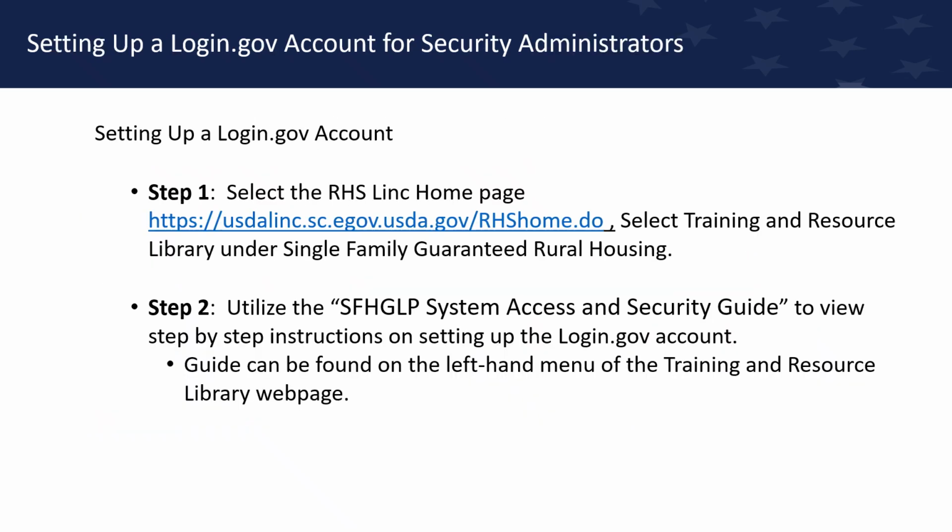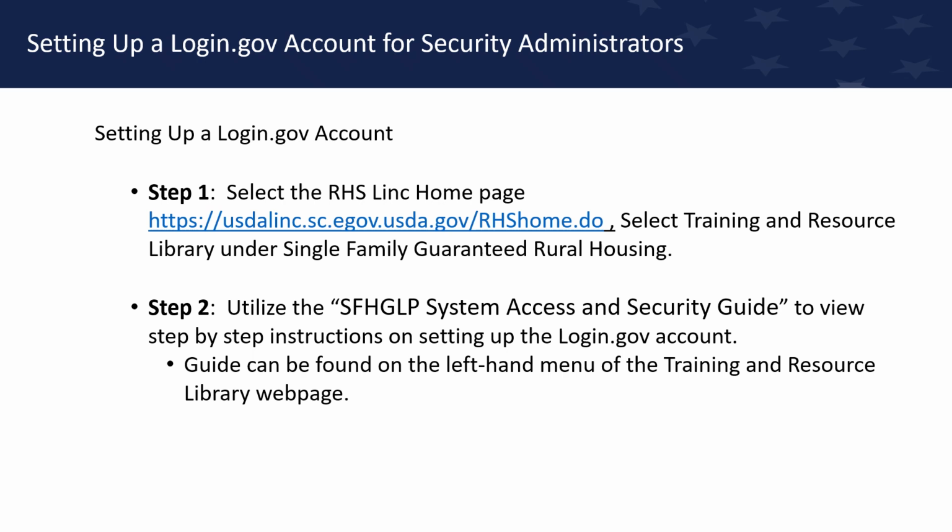Now let's review how to set up a Login.gov account. The step-by-step instructions are included in the link for the Single Family Housing Guaranteed Loan Program System Access and Security Guide on the USDA LINC Training and Resources webpage under the LINC Training Library section.